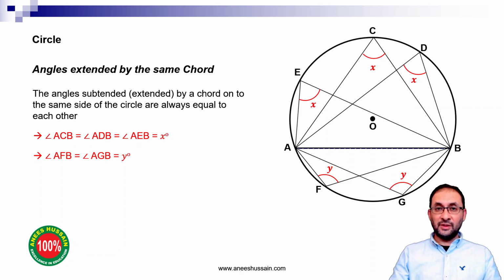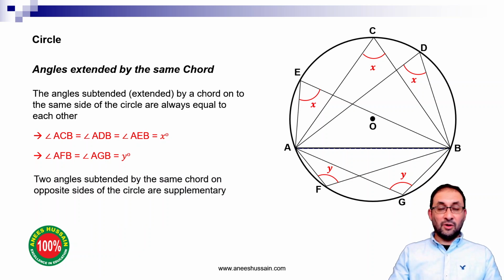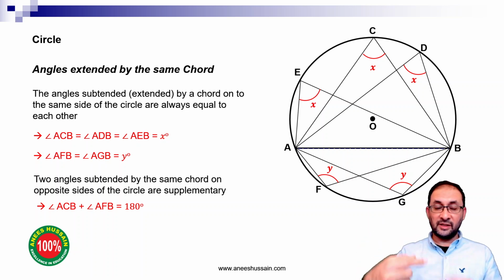And also remember that when angles are subtended on opposite sides of the circumference, on opposite sides of the circle by the same chord, they are always supplementary, which means they always add up to 180 degrees. Therefore, angle ACB and AFB, because they are subtended on opposite sides of the circle, will add up to 180 degrees. Or we can say that X plus Y should be equal to 180 degrees.